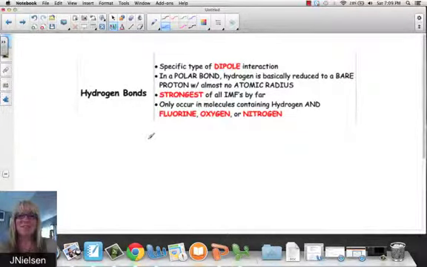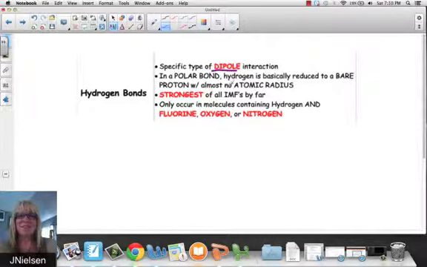And the third type of intermolecular force we discussed were hydrogen bonds. And this is a specific type of dipole attraction. This type of dipole attraction only occurs when hydrogen bonds with fluorine, oxygen, and nitrogen. So if you've got hydrogen and one of these other elements that forms a compound, when they become near each other, there is this strong polar bond.